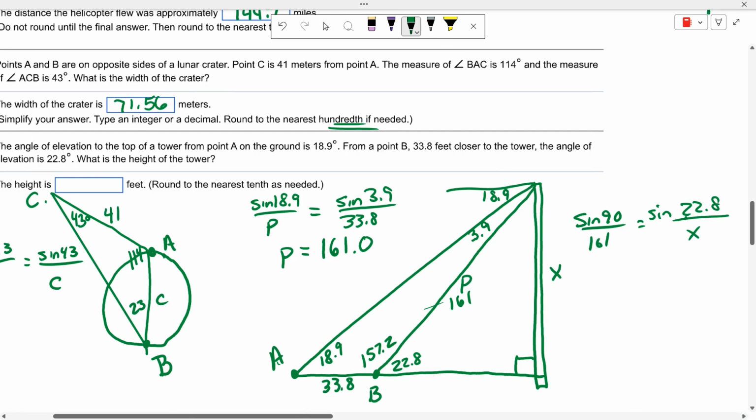And then we can find the height of the tower. 161 times the sine of 22.8 divided by the sine of 90. Tower's got to be less than 161. How tall is it? 62.4 feet.